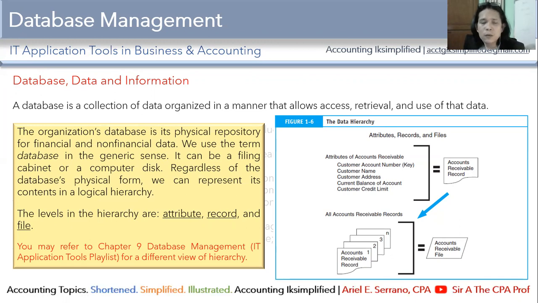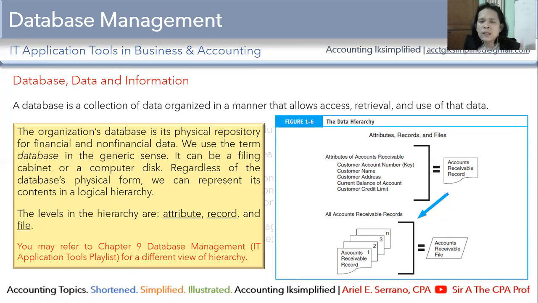And we apply the term database in a generic sense. Kasi it may be simple as a filing cabinet or as complicated as a computer desk. Okay? Regardless of the physical form, electronic ba yan or physical yan, we can represent its content in a logical hierarchy.